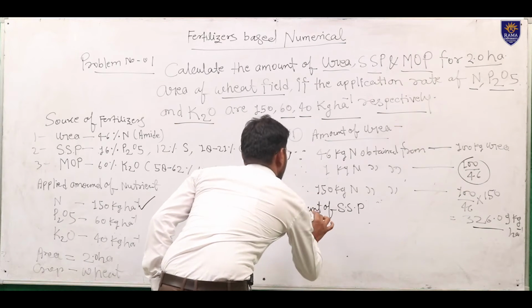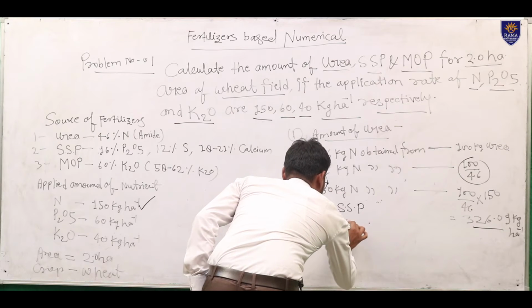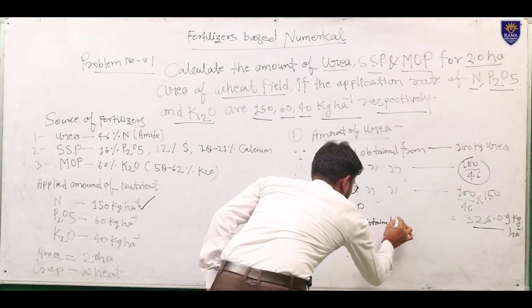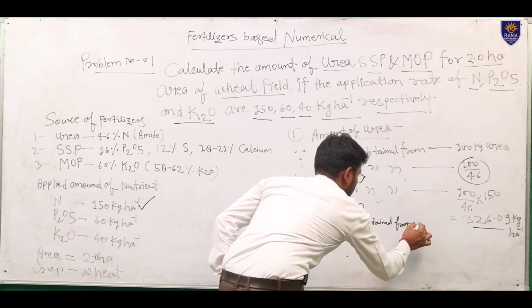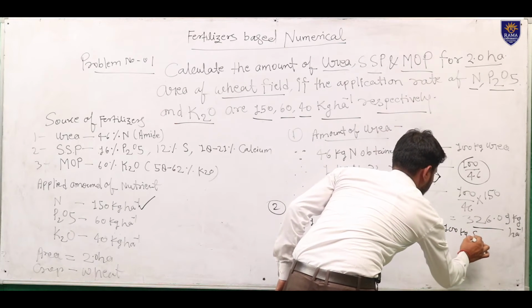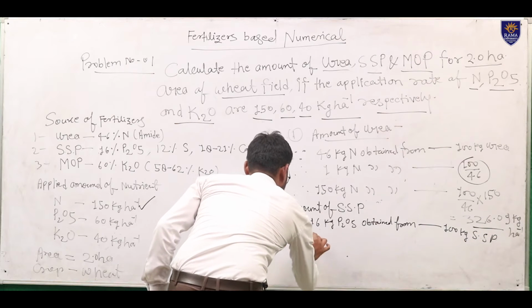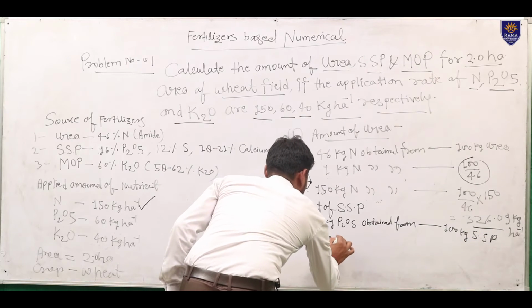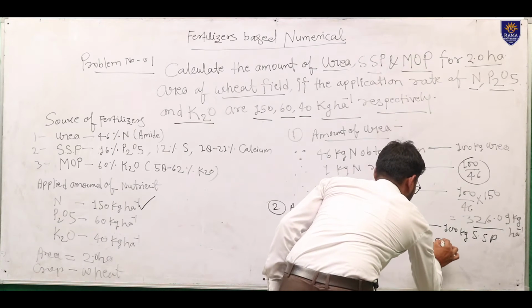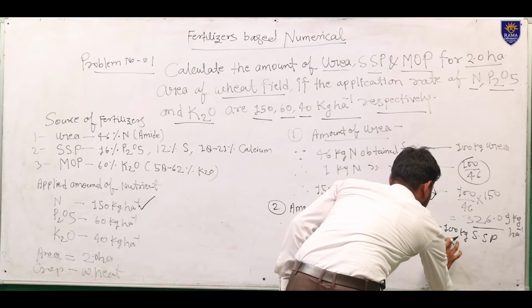We know that 16 kg P2O5 is obtained from 100 kg SSP, so 1 kg P2O5 is obtained from 100 divided by 16.